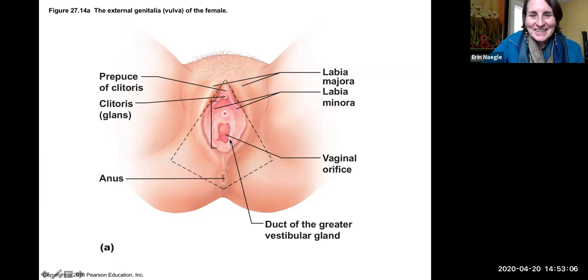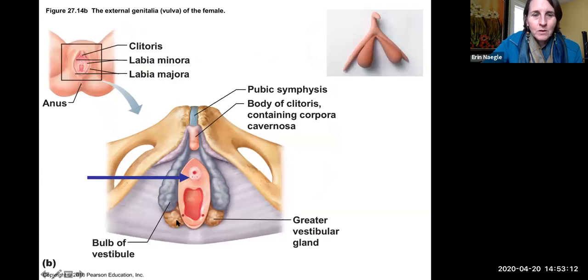This is the duct of that greater vestibular gland, right? So there are glands on both sides of the vaginal orifice. At the bottom here, you can see those holes would be the ducts between the greater vestibular gland and the outer orifice, where that mucus and lubrication can get to the vulva.